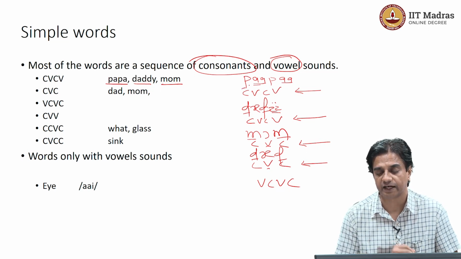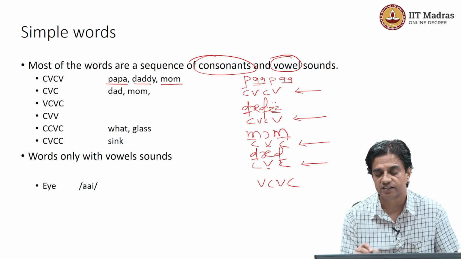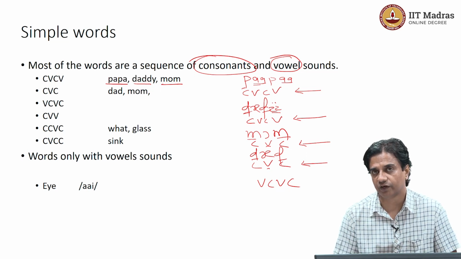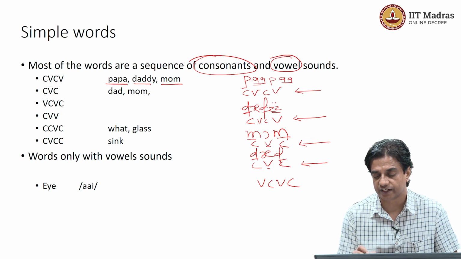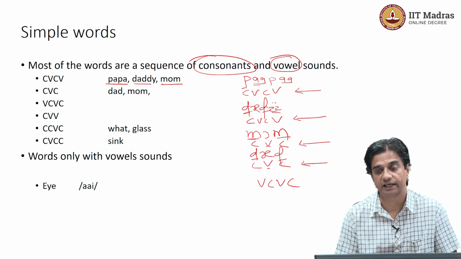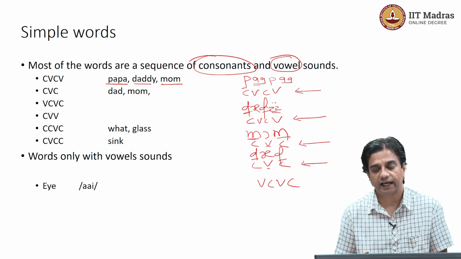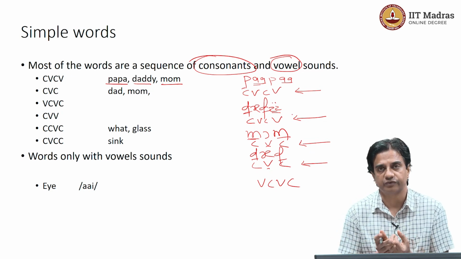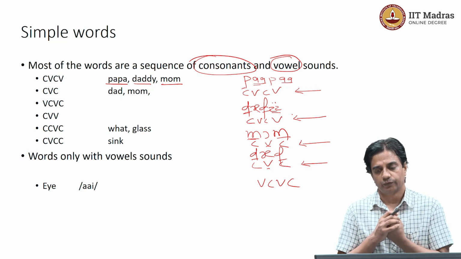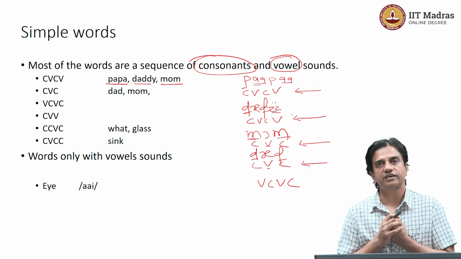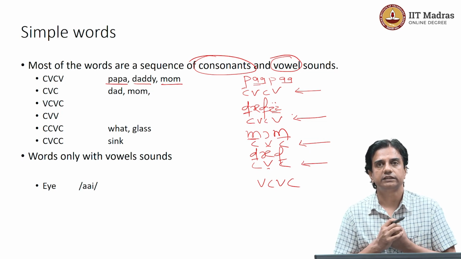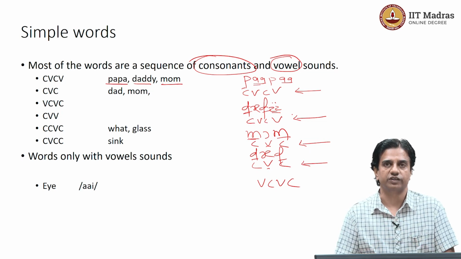So pa is a bilabial consonant, da is an alveolar consonant, ma is a bilabial nasal consonant, and then you have several types of vowels to make these words.